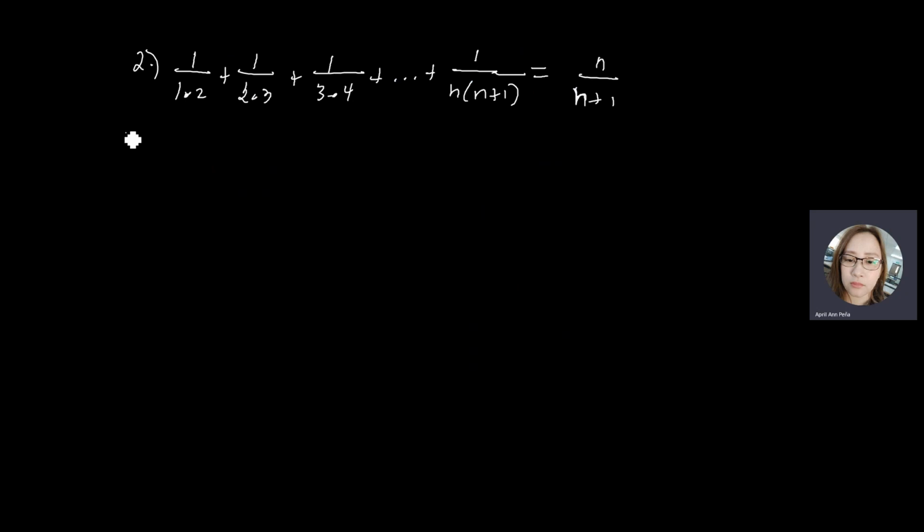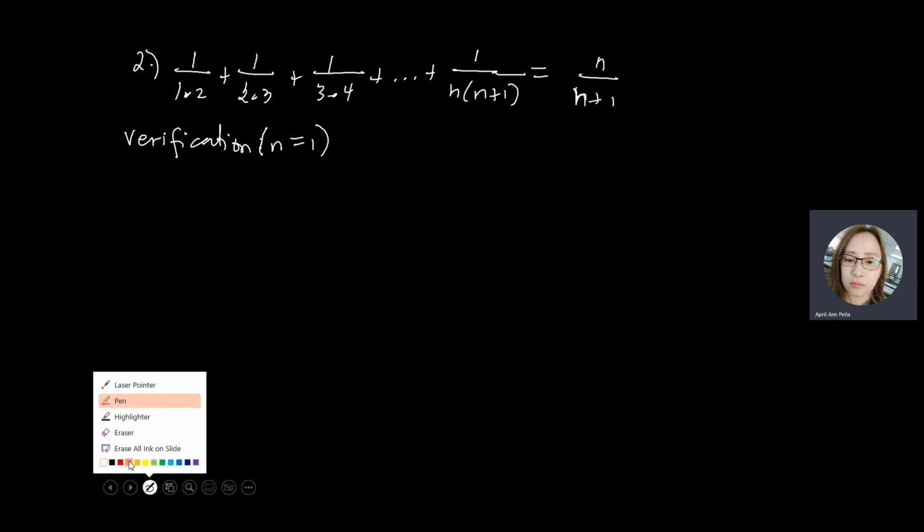Let us first have the verification. In the verification, you need to make n 1. In that case, what we only need is the portion with the variable.